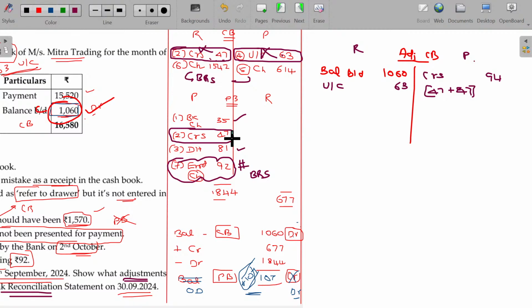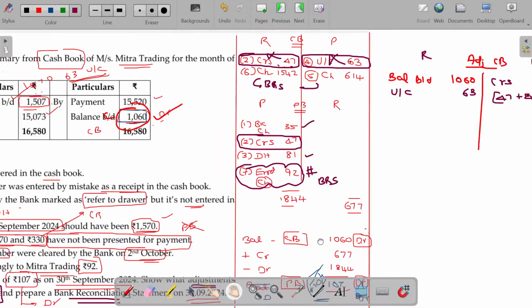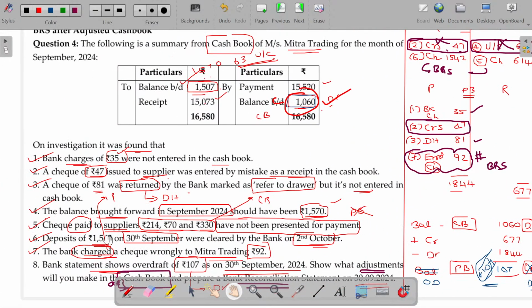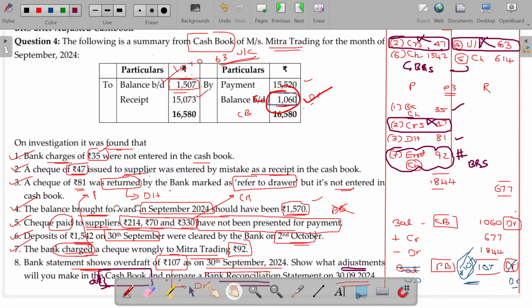Direct posting. As now I got the passbook, I can record this comfortably. This creditors. What's that? Number 2. A check for 47 issued to a supplier was entered by mistake as a receipt in the cash book. That one okay. 47 is okay. Now let's go for the next one.